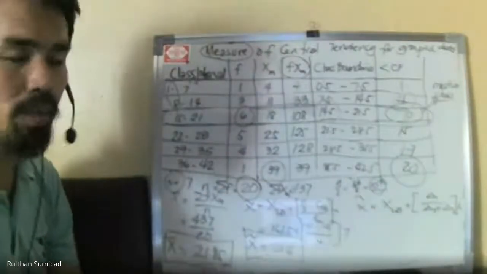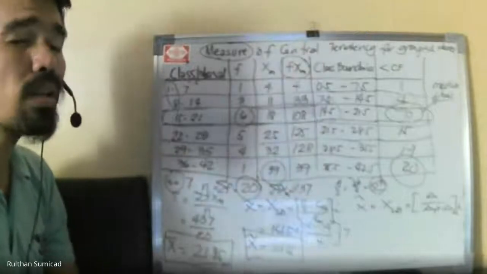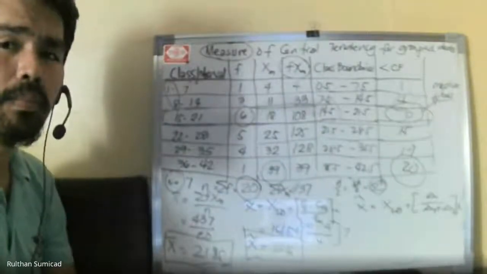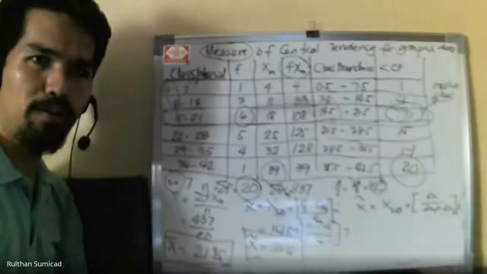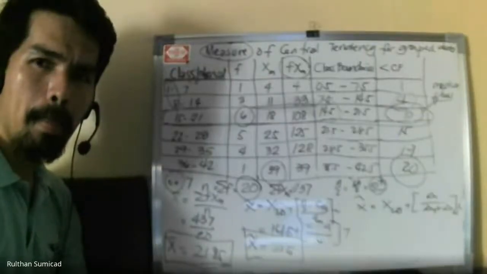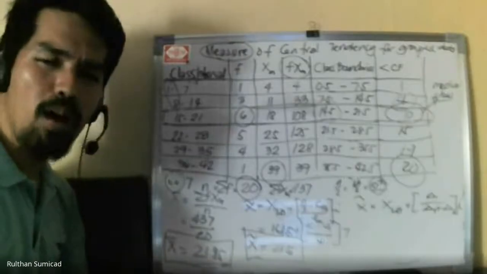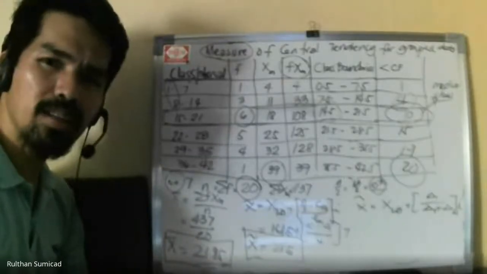That's the same as with the median. Again, how do we define mode? I don't know if you're giving an answer or you're asking me. How do we define mode again?